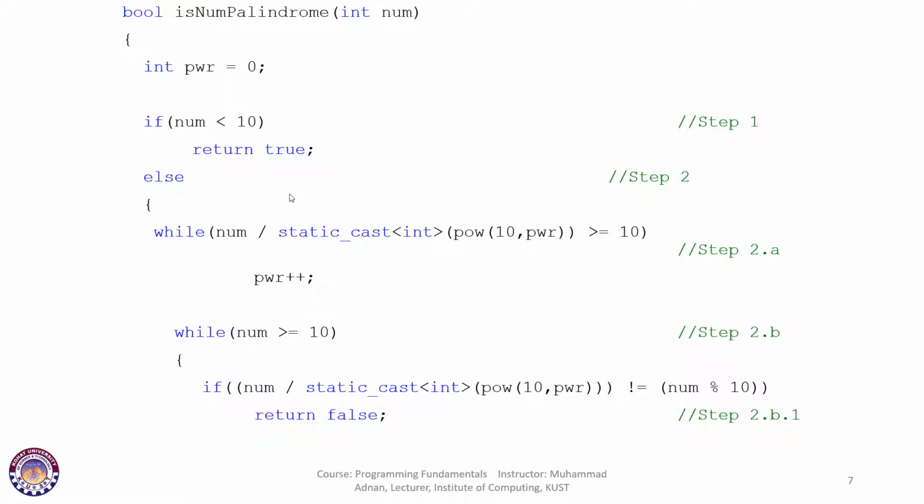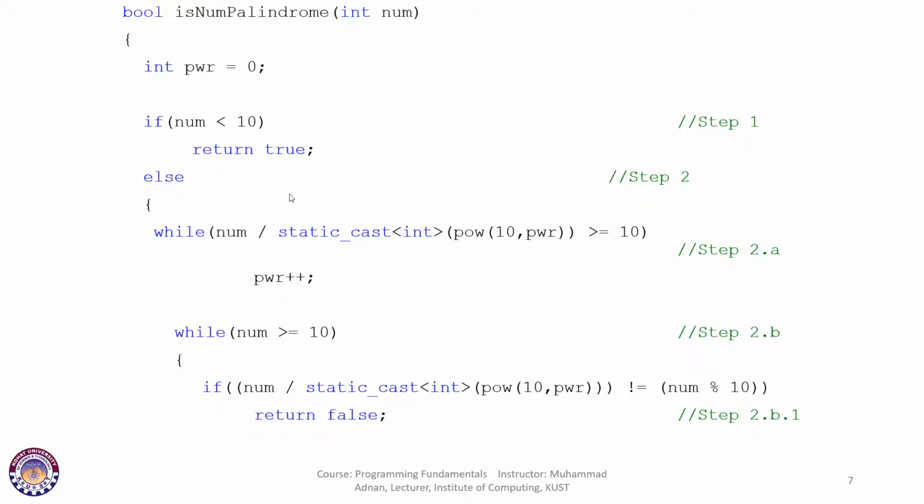I also ran this isNumPalindrome code on Code::Blocks, and the program was able to tell us whether a number is a palindrome or not. But today we are going to go step by step and understand how this isNumPalindrome function works while we execute the program in Code::Blocks.